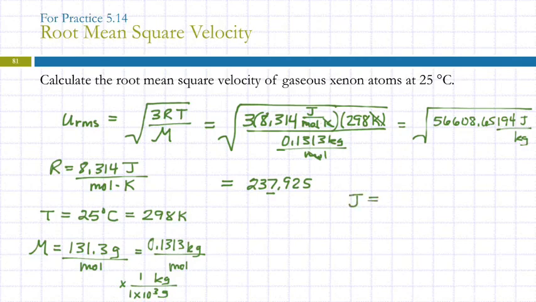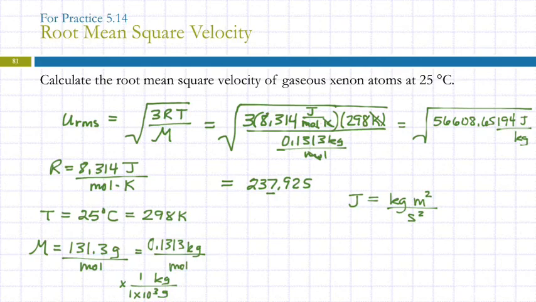A joule is equal to a kilogram meters squared per second squared. That's the joule in terms of the SI base units.